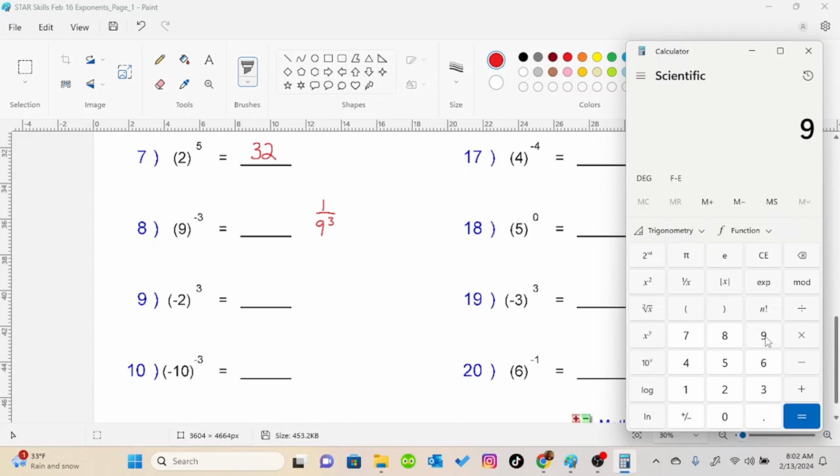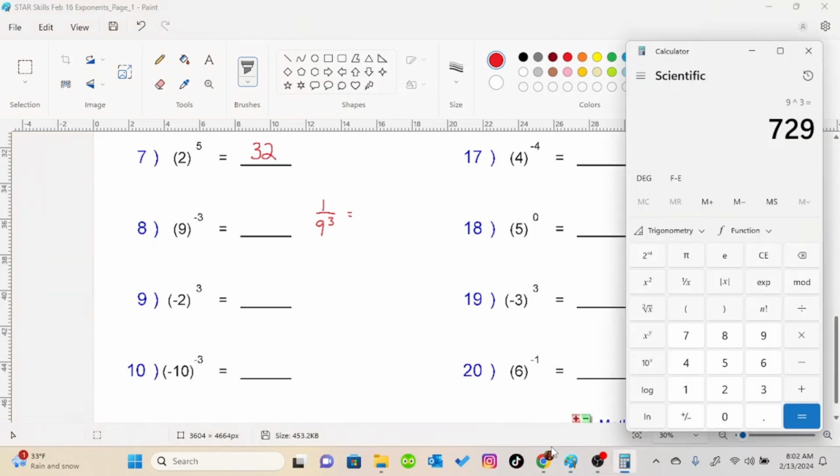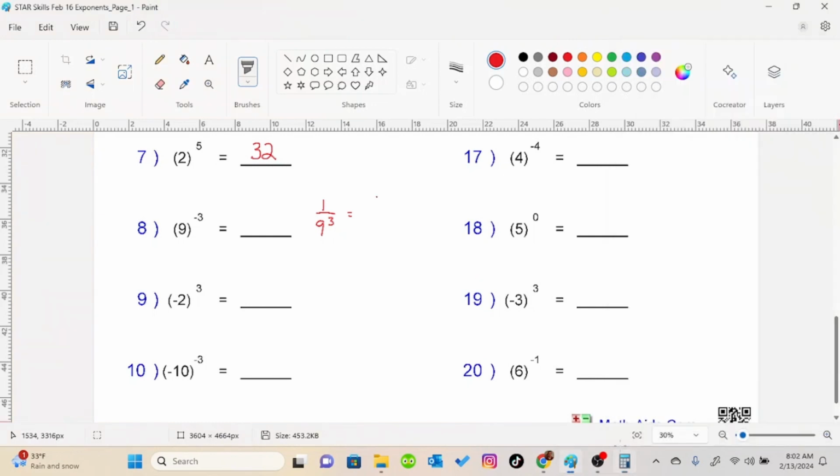So we can say 9, x to the y, 3. We get 729. So our answer is 1 over 729.